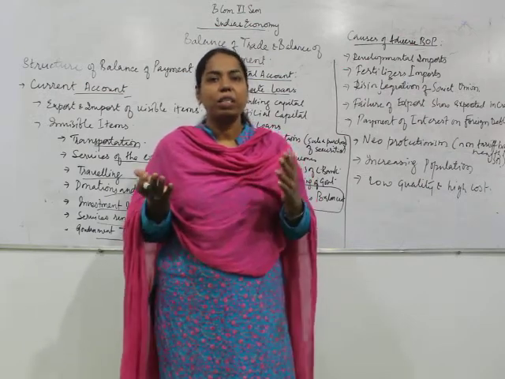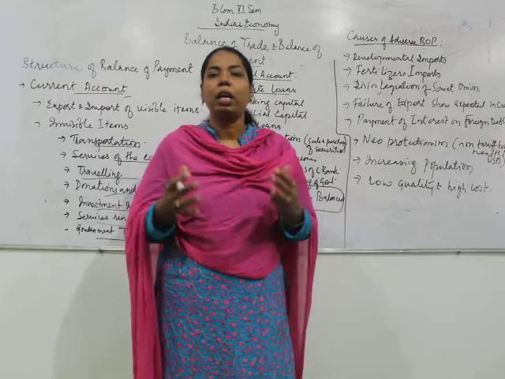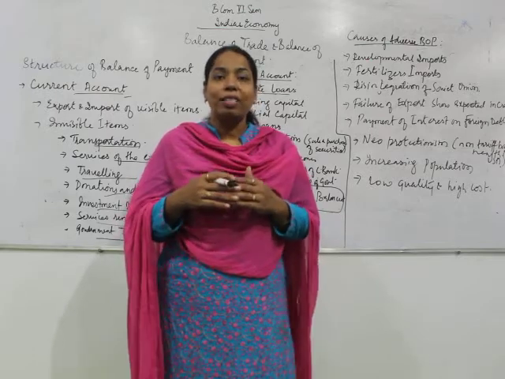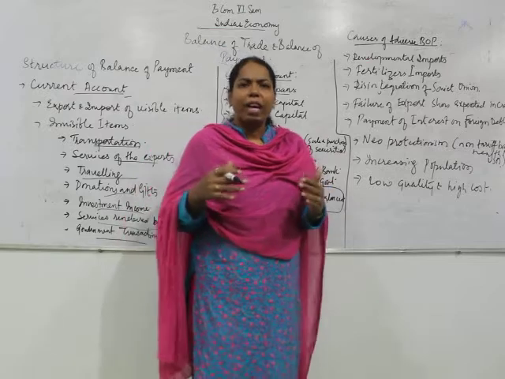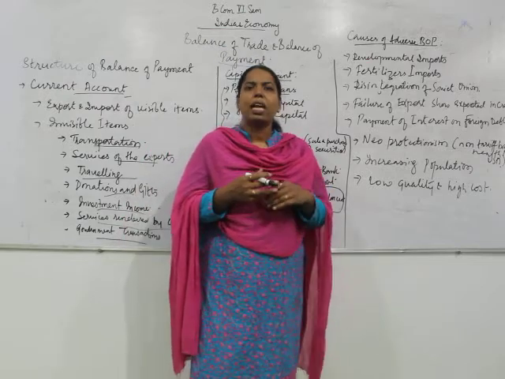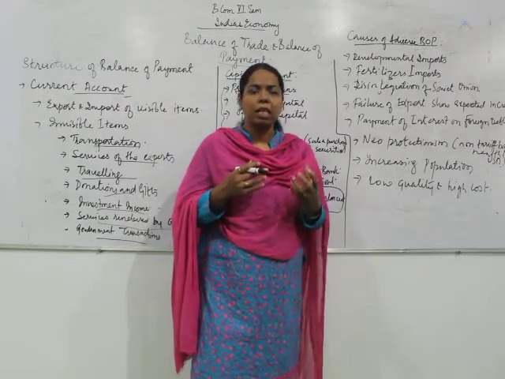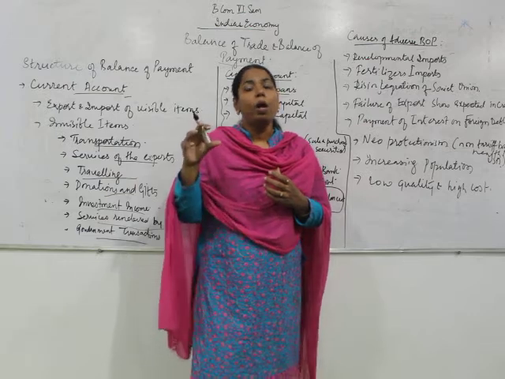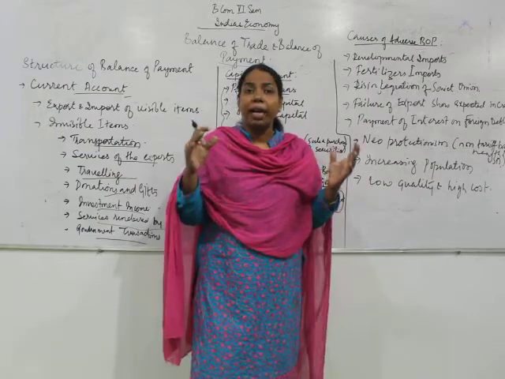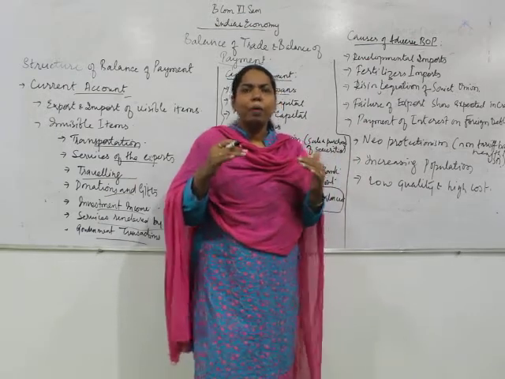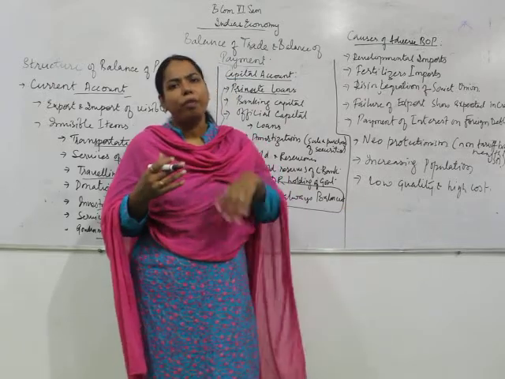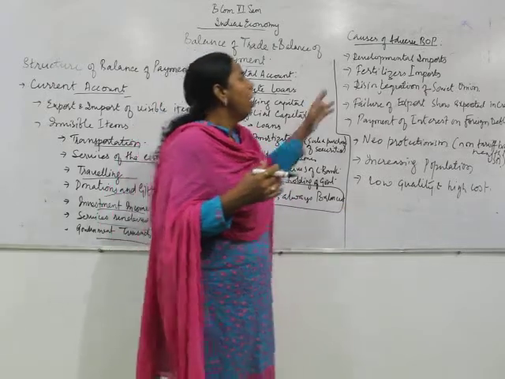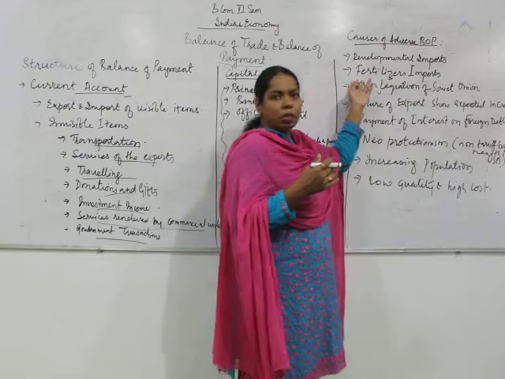In 1966 we implemented the Green Revolution, the strategy for further improvement in agriculture, and for that purpose we needed fertilizers and pesticides, as well as more advanced high yielding variety seeds. So we needed to purchase the fertilizers from other countries. So import of fertilizers is also one of the reasons of the adverse balance of payment.